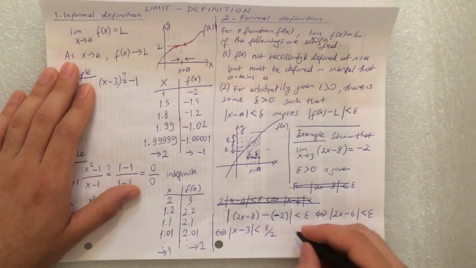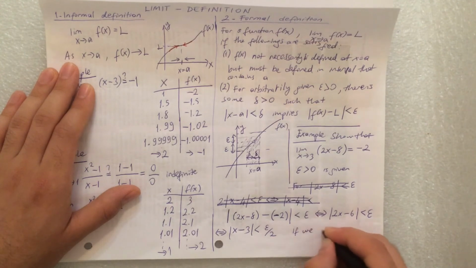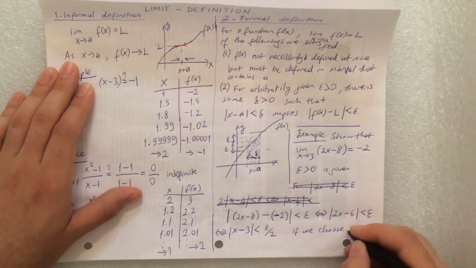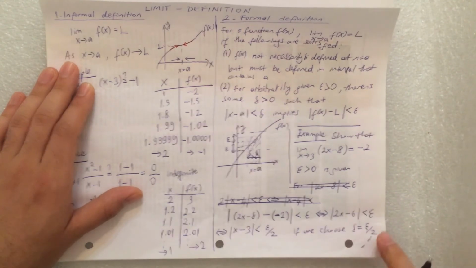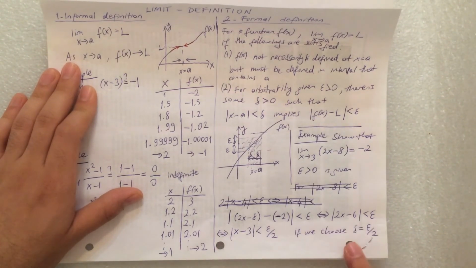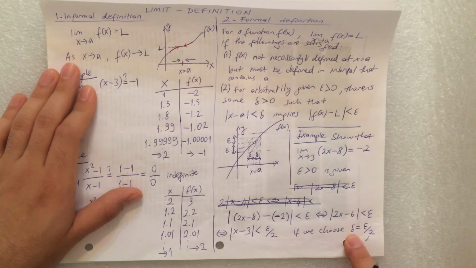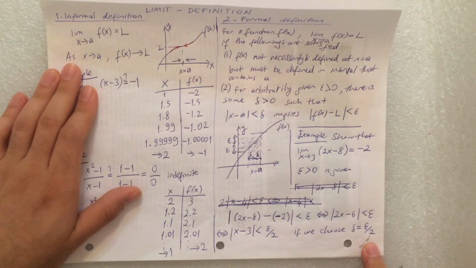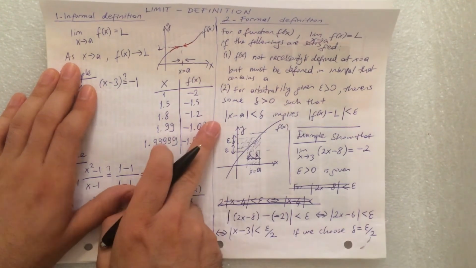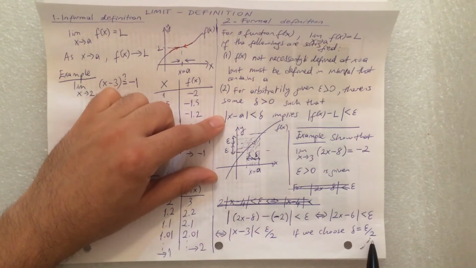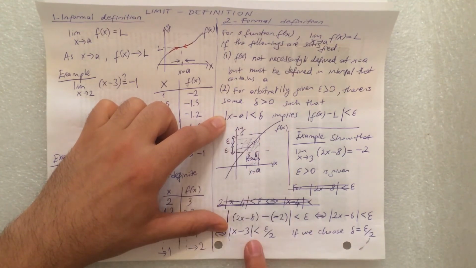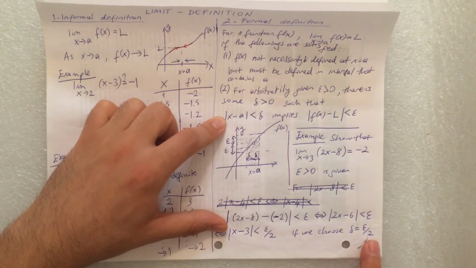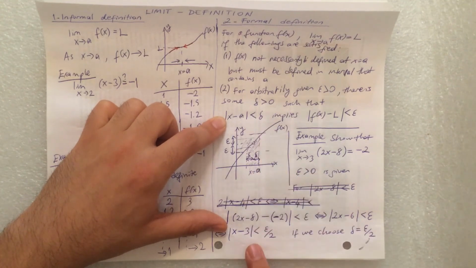So which means that if we choose delta is equal to epsilon over 2, then just choosing delta is equal to epsilon divided by 2 will work to satisfy this, because |x minus a| is going to be less than delta, because delta is epsilon divided by 2.